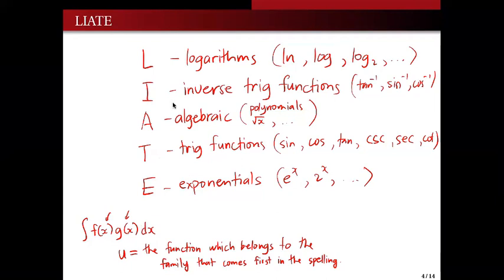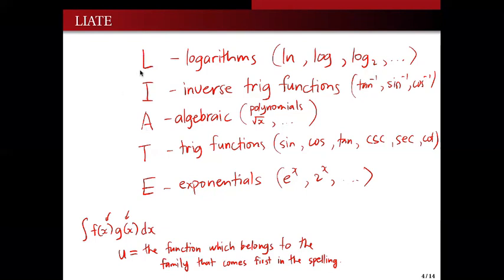So for example, if you have a product of logarithmic and algebraic, for example, polynomial x and then ln, so x times ln of x dx. We will do that later. Ln belongs to the logarithmic functions, and it comes first before the algebraic.